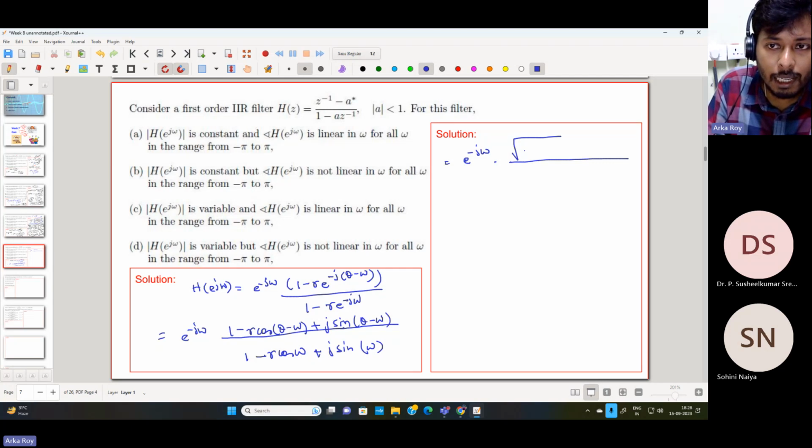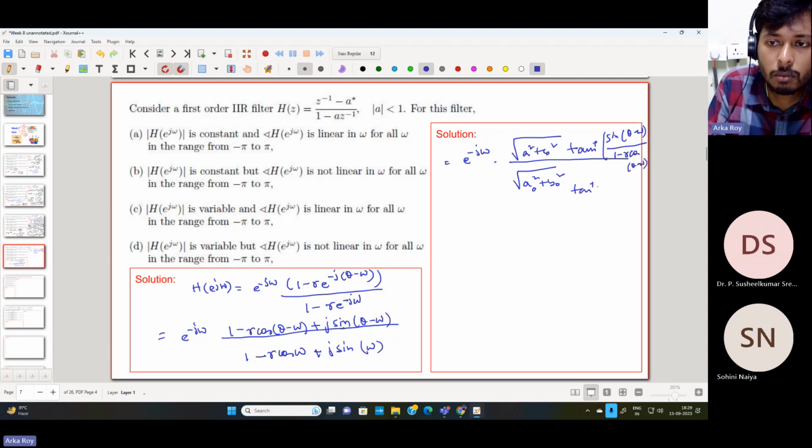So here I will have some a square plus b square, and here I will have some a naught square plus b naught square. But the thing on which we are focusing is the phase relation. The phase relation is tan inverse of sine theta minus omega divided by 1 minus r cos theta minus omega.